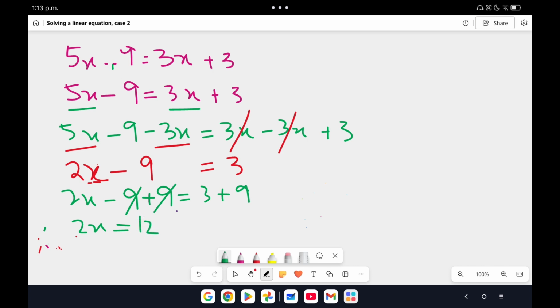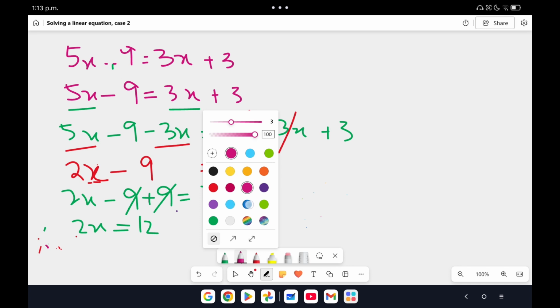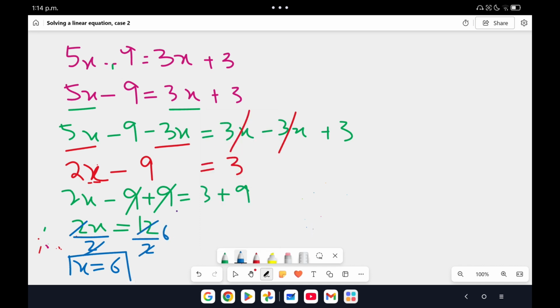Now, to find the value of x, we need to make its coefficient 1. To make the coefficient equal to 1, we'll divide by 2 on both the sides. This is how 2 is cancelled from the left hand side, and at the right hand side we have got the value, which is 6. So in this case the value of x is equal to 6.